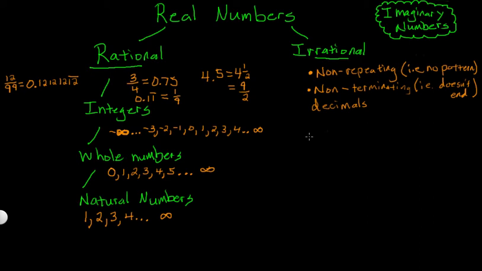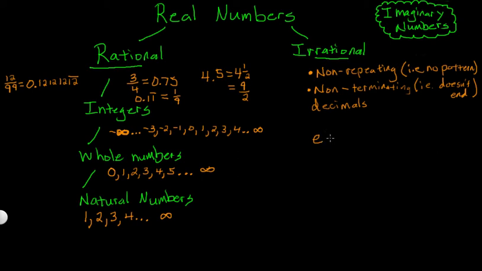So for example, there is a number that we call the transcendental e. We represent it in mathematics as the letter e, but it represents an irrational number. That's why we use a variable, lowercase e, to represent it.